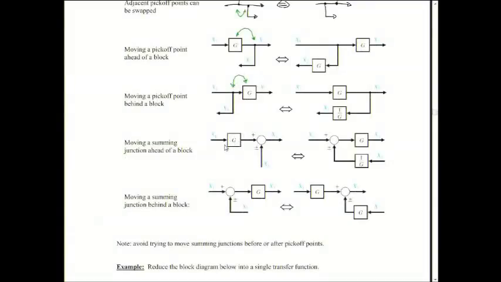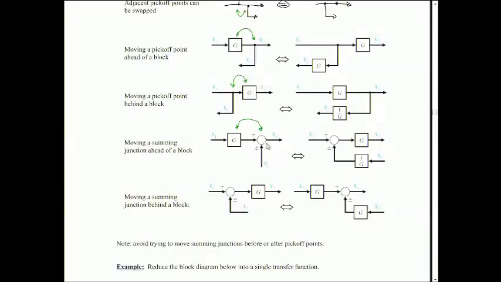The next one, moving a summing junction, this guy here, ahead of a block. So I want to move it over to here. So you see I've switched the summing junction upstream of the block. The summing junction had more than one input. There was this one and this one.